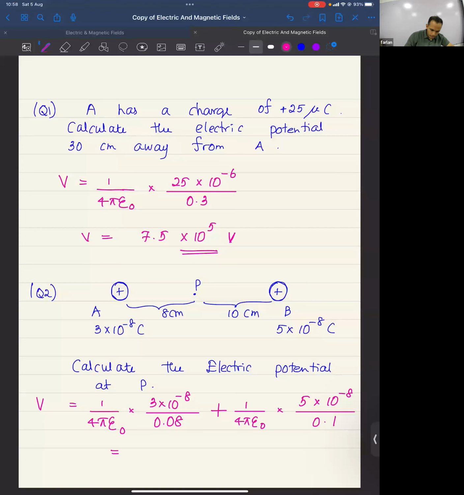Remember, since both are positive, the electric potential will be the addition of the two. Okay. Take it down. What is the answer?